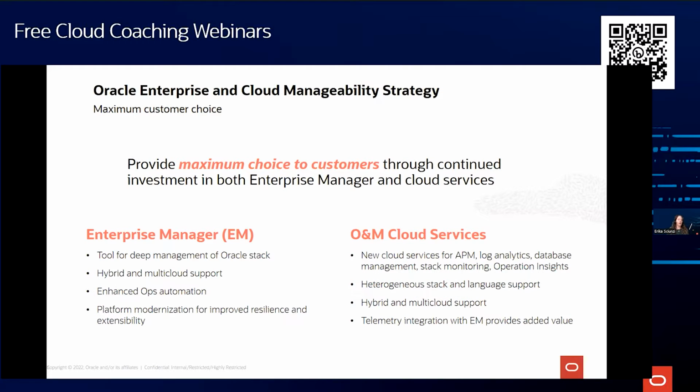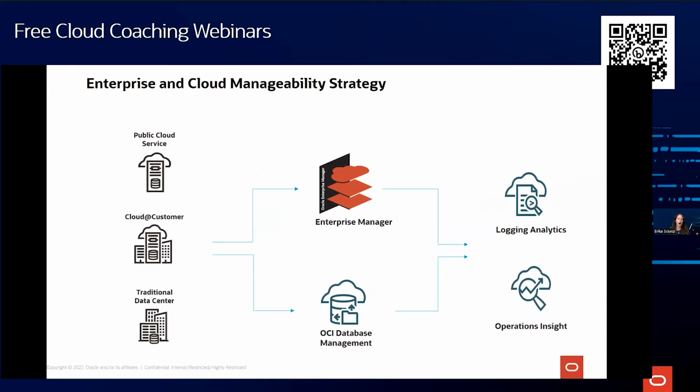What is the strategy of Oracle in terms of observability? It wants, of course, to strengthen its own tool like Enterprise Manager, which has a really strong roadmap, and at the same time strengthen the cloud services. In the demo, you will see also another product called Database Management, which helps you, for example, in case you don't have Enterprise Manager.